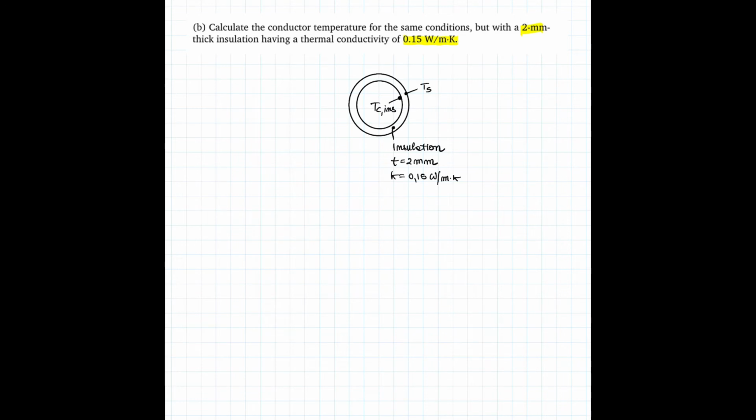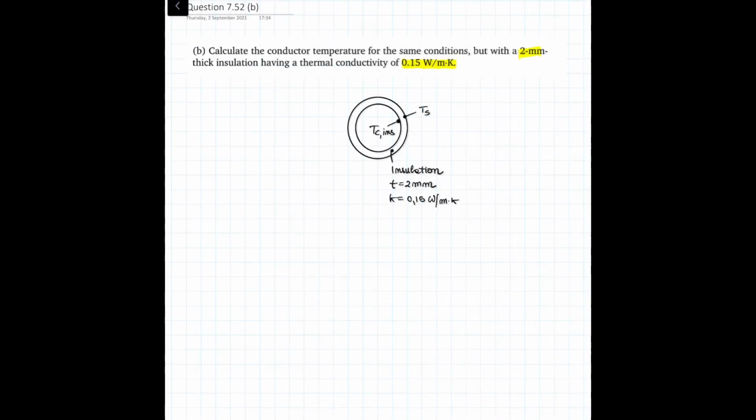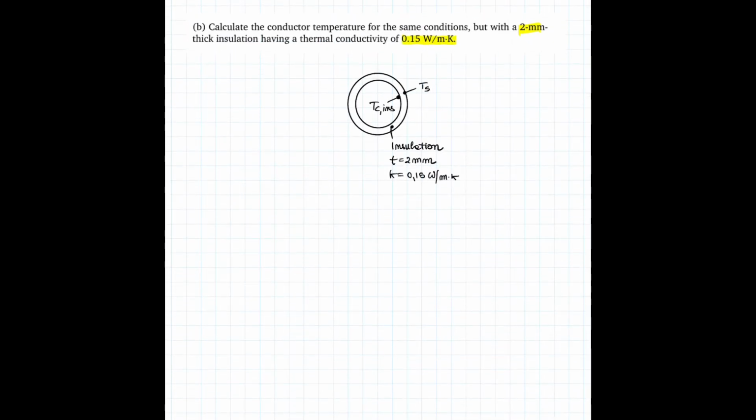However, it is worth stopping the recording now and making some predictions. What do you think is going to be the effect of the air cooling? Is it going to be the same as in the previous part or not? Let's understand what the main difference between part B and part A of question 7.52 is. With this new scenario, with the insulation layer, the thermal circuit of the system changes.